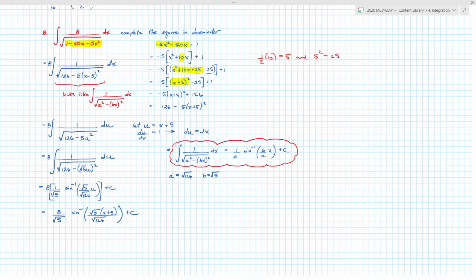I got 8 outside, so it's 1 over b, which is root 5, sine inverse of b, which is root 5, over a, which is root 126, times u, close the square bracket, plus a constant. And then I just multiply the 8 by 1 over root 5, and I sub back in my expression for u, which is x plus 5.